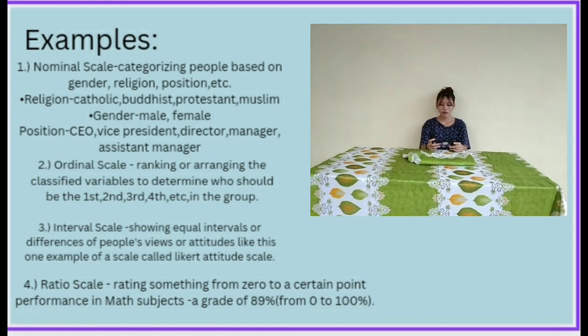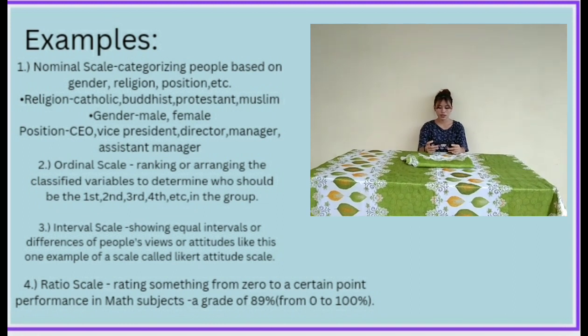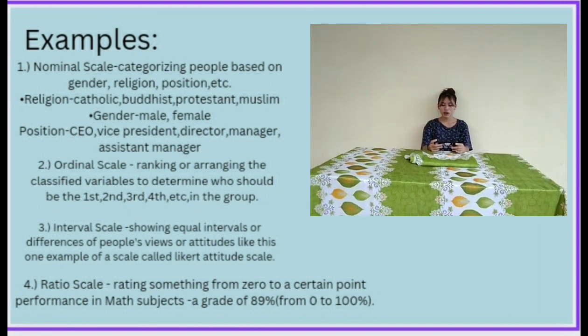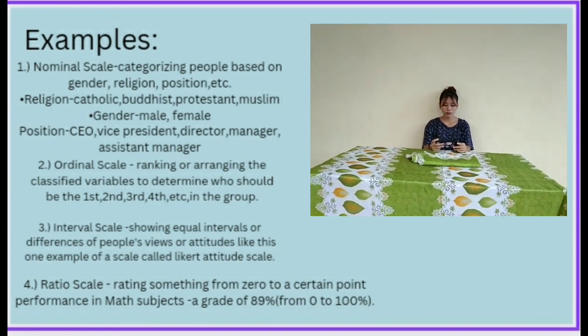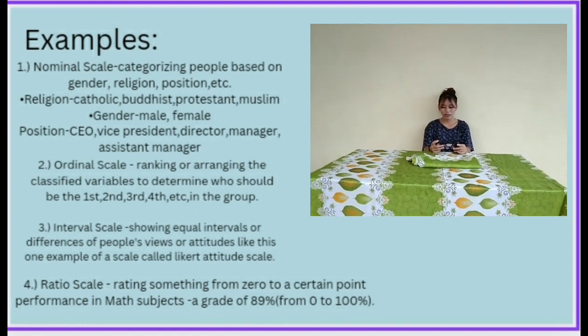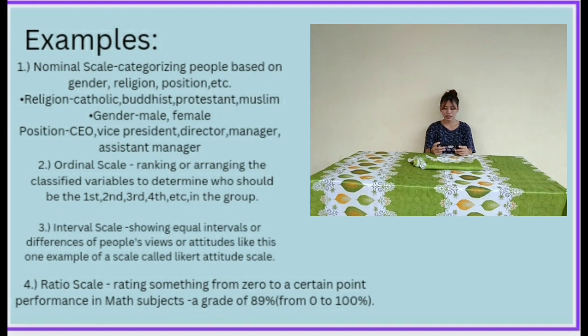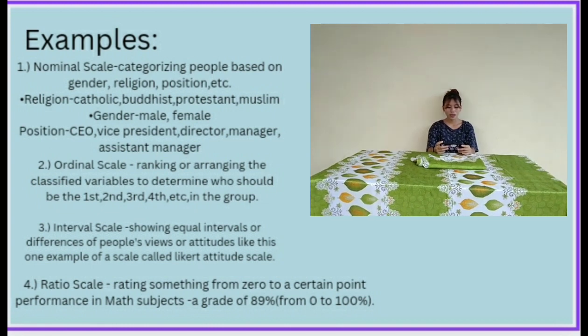Summing up the points of variables, you will arrive at a certain total that you can express in terms of percentage, fraction, or decimal, like 30% of males, 25% of females, 10% of Catholics, 40% of Buddhists, and so forth.